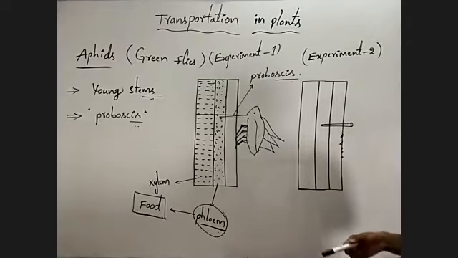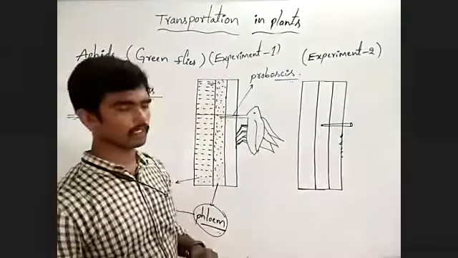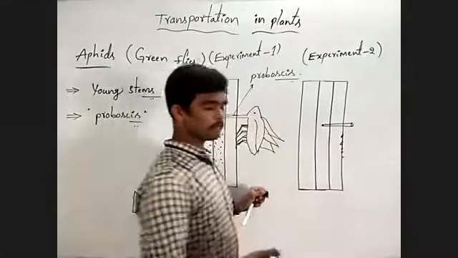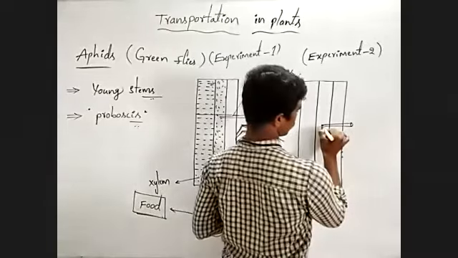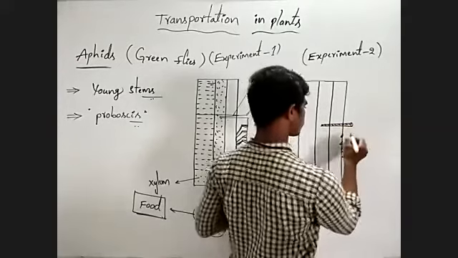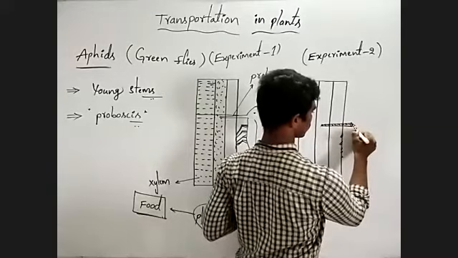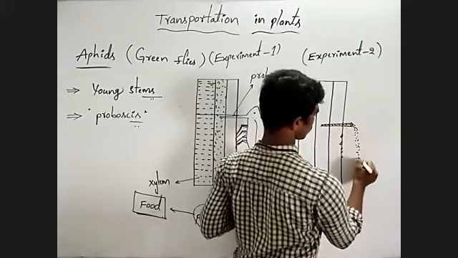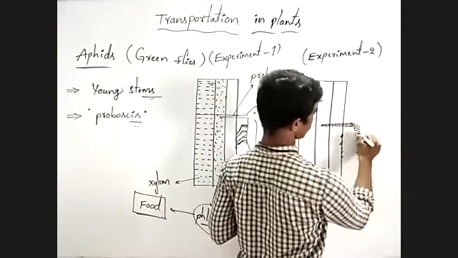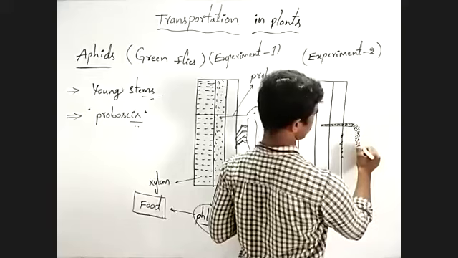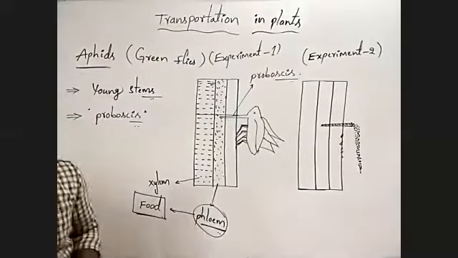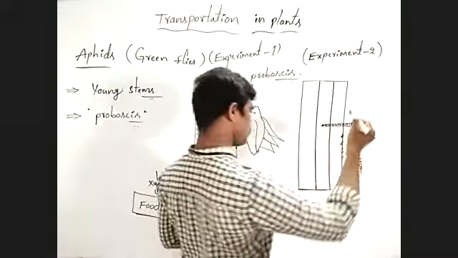Then they observed that after some time, because of pressure present in the phloem tissue, the food material was released out of the phloem tissue through the tube-like proboscis.